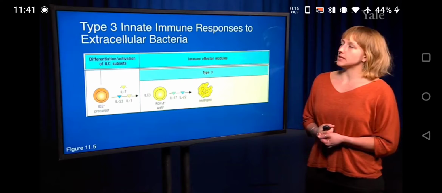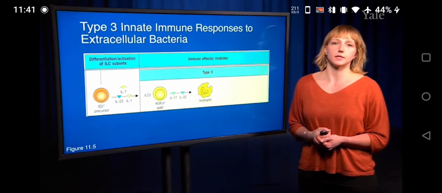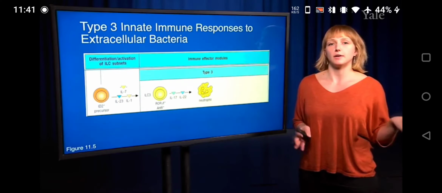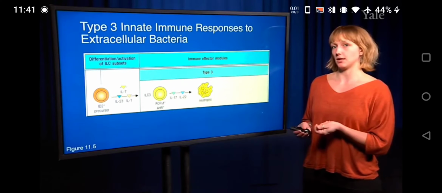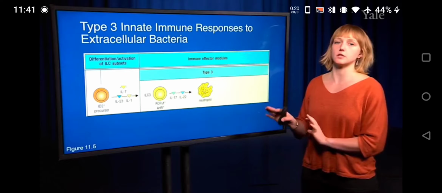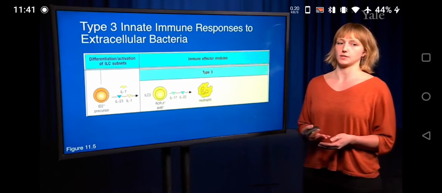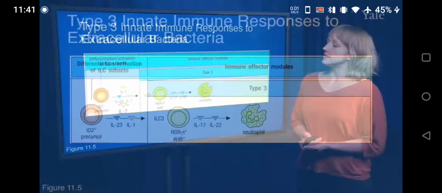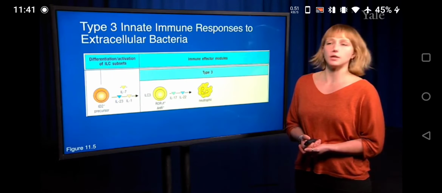Now, type 3 innate immune responses are really critical in battling extracellular bacteria. So we just talked about innate immune responses to intracellular bacteria, and now we're shifting to those that replicate outside of the host cell. The main innate lymphoid cells critical in this response are called ILC3s, which are activated by a combination of IL-7, 23, and IL-1, and these produce IL-17 and 22.